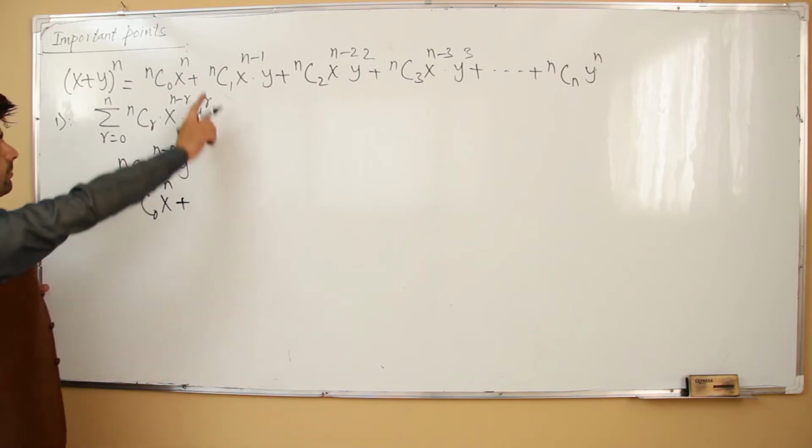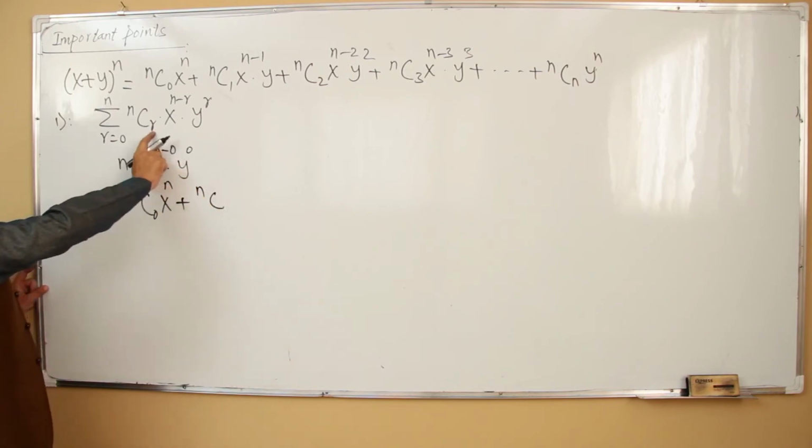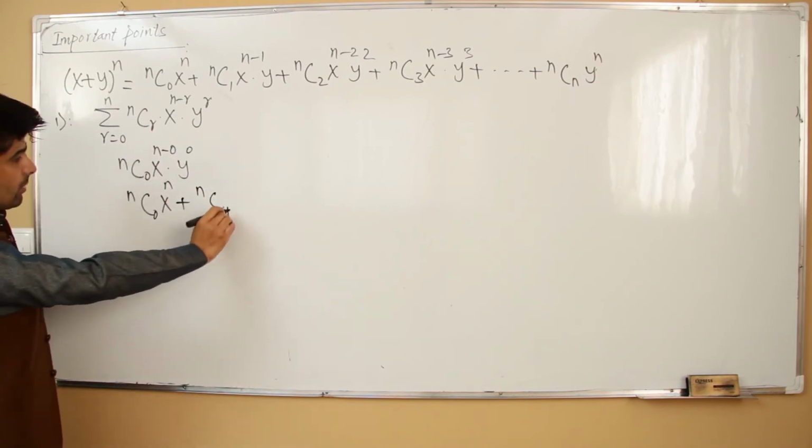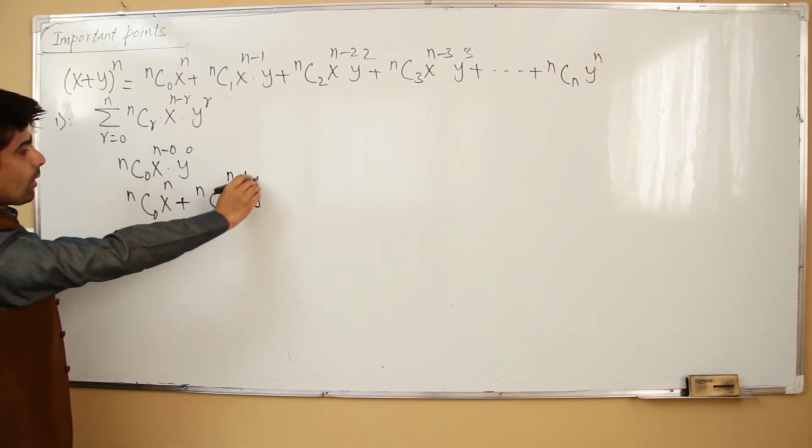The second term: r is what? After 0 we have 1, x to the power n minus 1 y to the power 1.